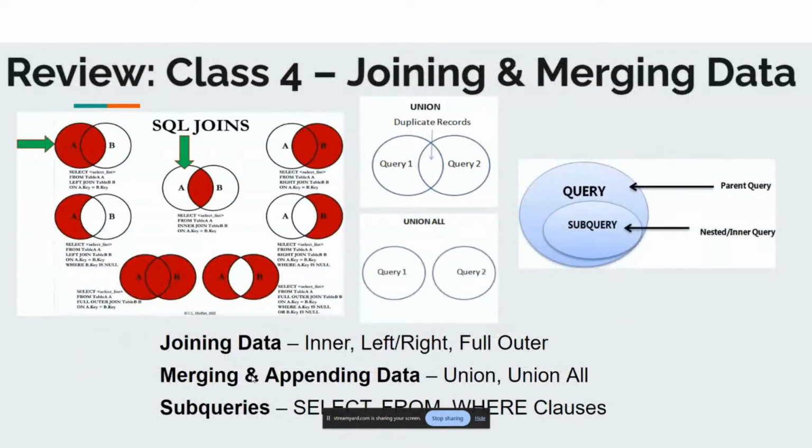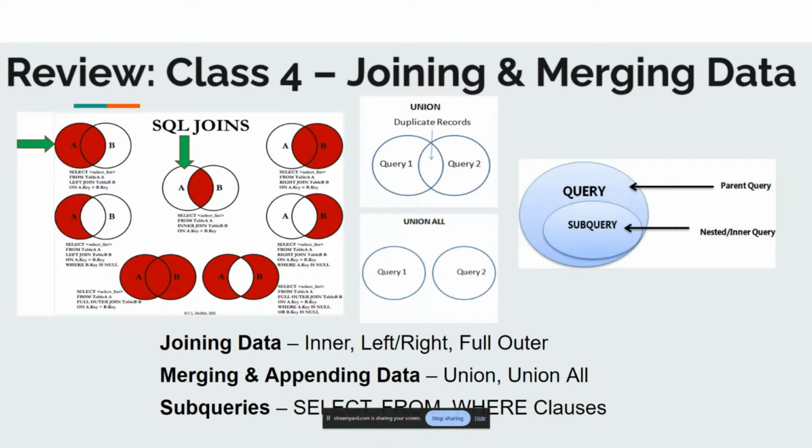Okay. So review of class 4, joining and merging data. I'll go over this real quick, but we have our Venn diagrams of the different types of joins and the way you can bring 2 data sets together. Not necessarily just 2 data sets, you can bring multiple data sets together.